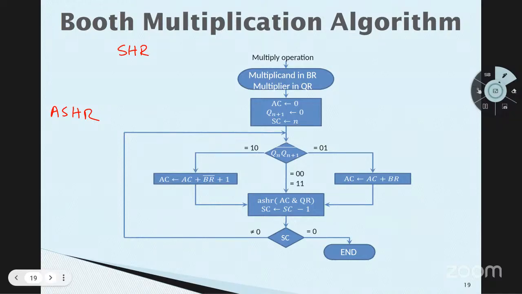Okay, SHR stands for, tell me the spelling. SHIFT. SH is the shift notation, they took SS there. Tell me, what does SHR mean? SHR is shift right, logical shift right.